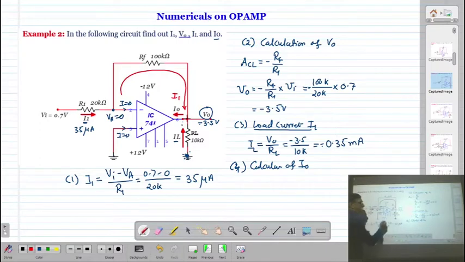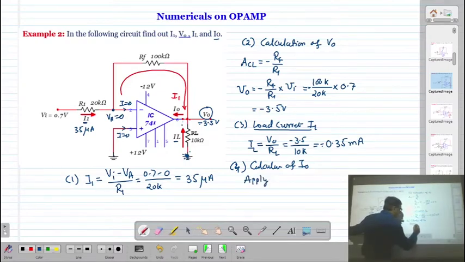So if we apply KCL, Kirchhoff's current law, at this output terminal, applying KCL at VO, we can say that the output current is equal to I1 plus IL.